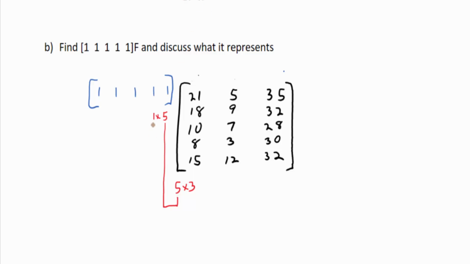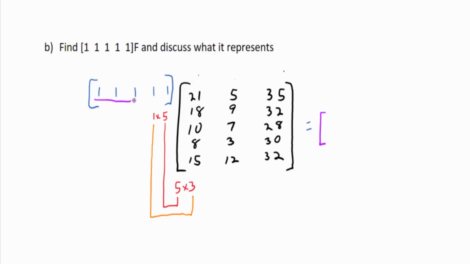The order of the resulting matrix, what's that going to be? 1 by 3. So I want you guys to do that now. Just in your notes. It's a 1 by 3 matrix, so your product matrix is only going to have one row with 3 columns, 3 entries.